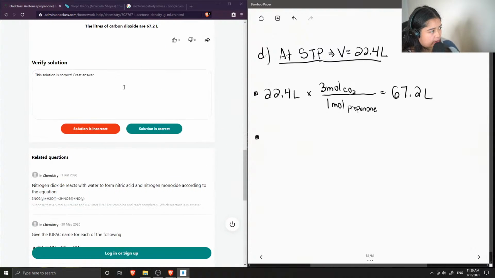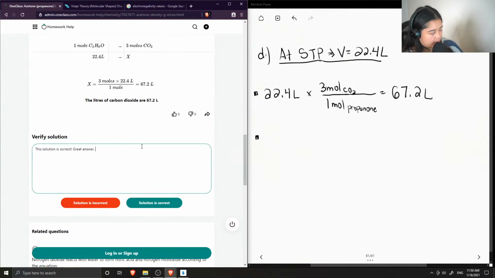Yeah, the solution is correct. Then I'll just add a note: molar volume is equal to 22.4 liters, which is why 67.2 liters of CO2 is produced.